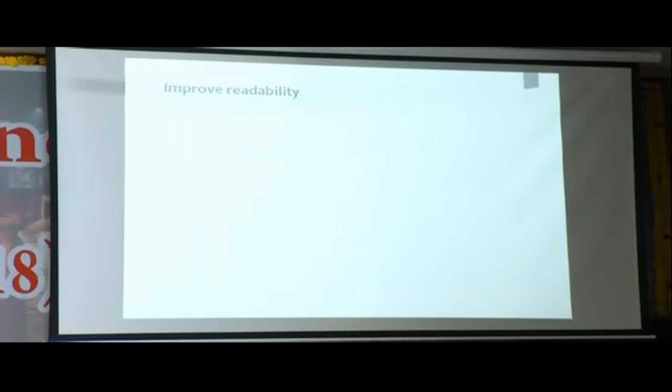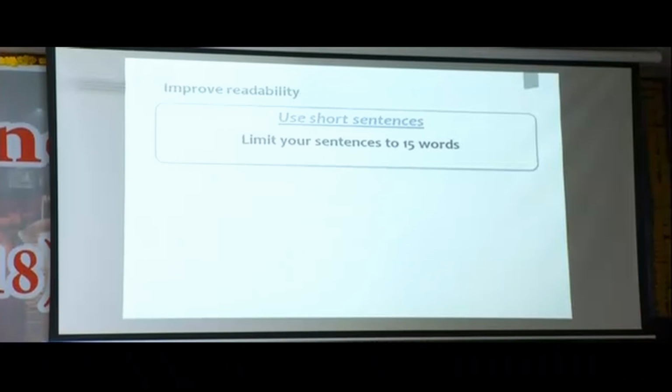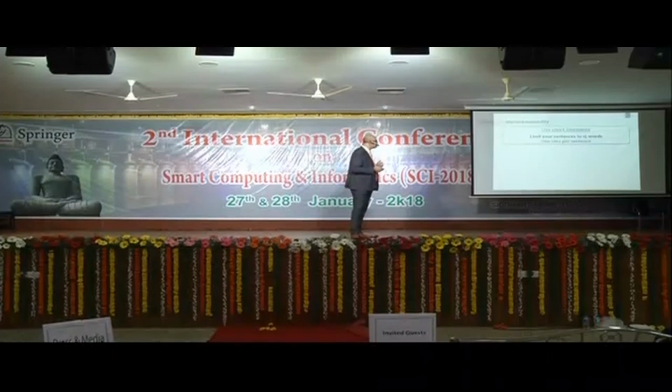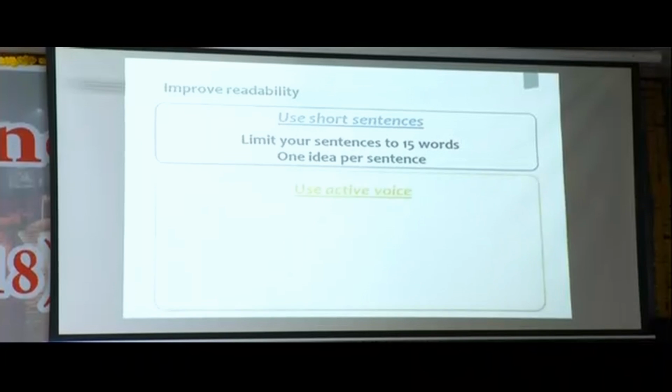People will read easily. Use short sentences, limit to a maximum of 10-15 words per sentence and one idea per sentence. This is important. Using the active voice shows a simpler, more direct and easier style of writing, and people can easily read it.